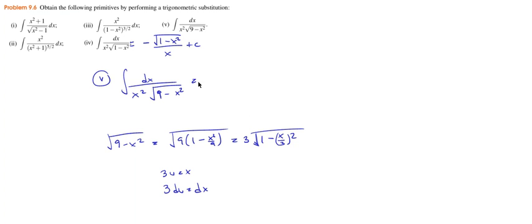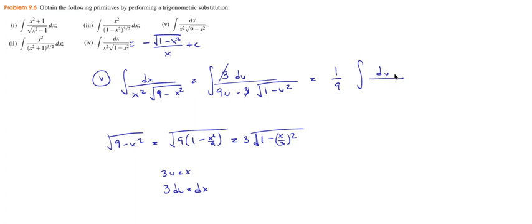So let's say this is equal to the primitive of 3 times du, then divided by x squared, which is 9u squared, and then we have square root of 9 minus, this is times 3, 1 minus u squared. 3 and 3 go away, so you have 1/9 of du divided by u squared, square root of 1 minus u squared.